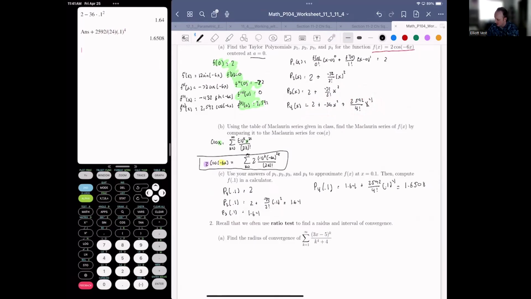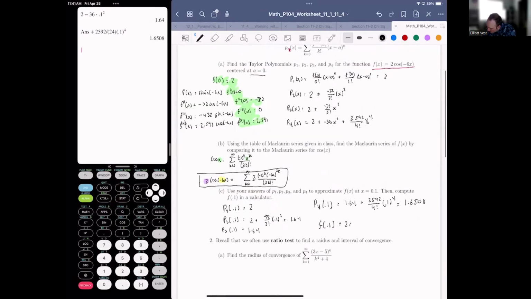So this is 1.6508. Okay, so what is f of 0.1, which is 2 cosine of -6 times 0.1. So 2 cosine -6 times 0.1. Oh, yikes. I need to change this. I need to change this, don't I?